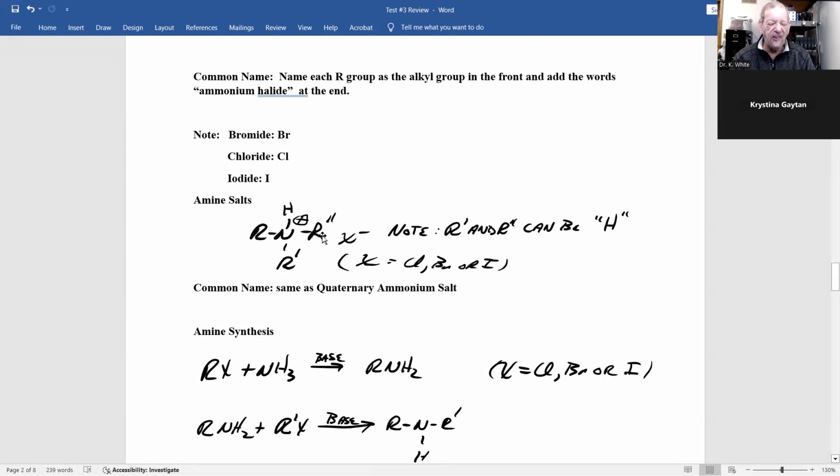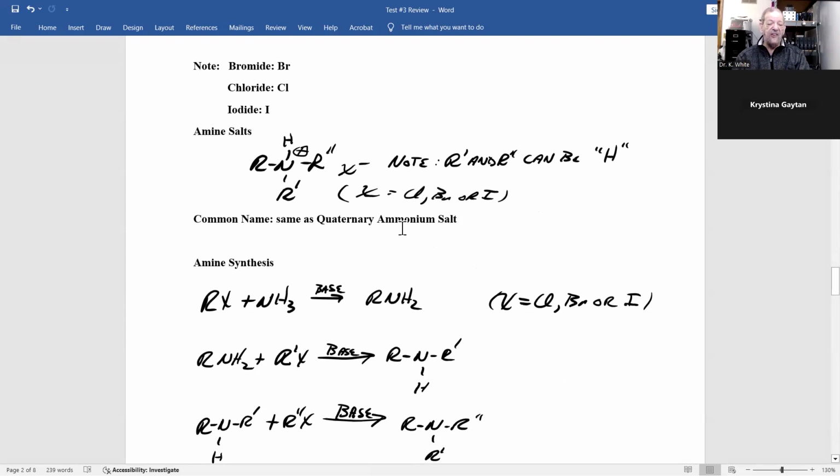But anyways, this is an amine salt. Unlike a quaternary ammonium salt, an amine salt can have 1, 2, or 3 R groups on it. And the remainder are hydrogens, total of 4, but it doesn't have 4 alkyl groups. That's a quaternary ammonium salt.